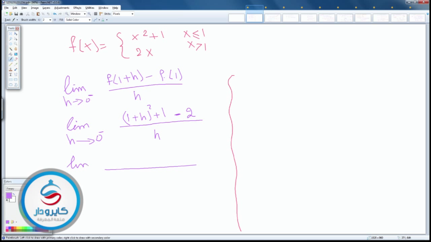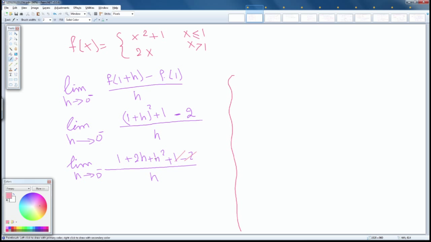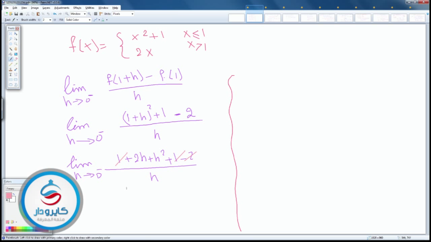Again, limit h tends to 0 from the left, 1 plus 2h plus h square plus 1 minus 2 over h. So we have 1 plus 1, 2 minus 2 equals 0. Take h common factor, it will be 2 plus h equals 2. Then the left limit equals 2.